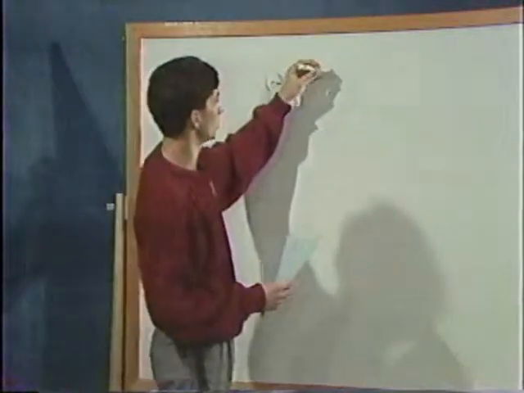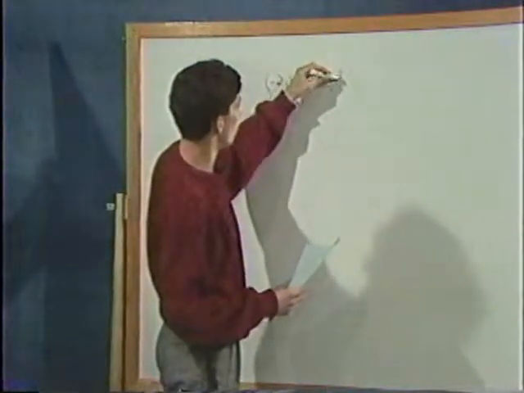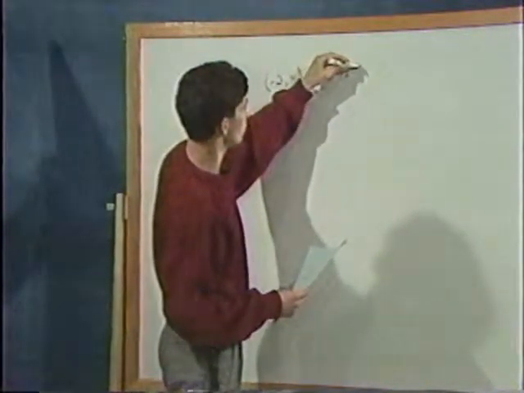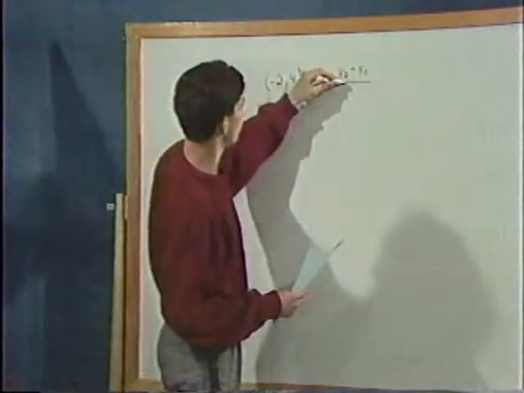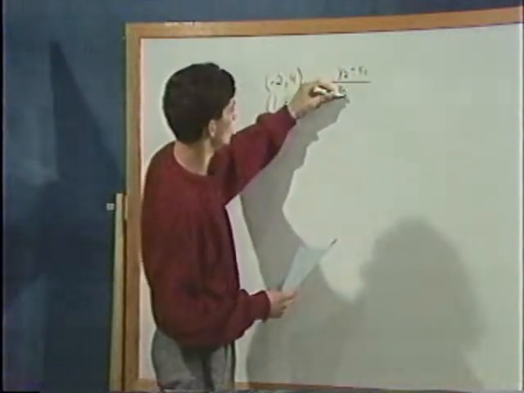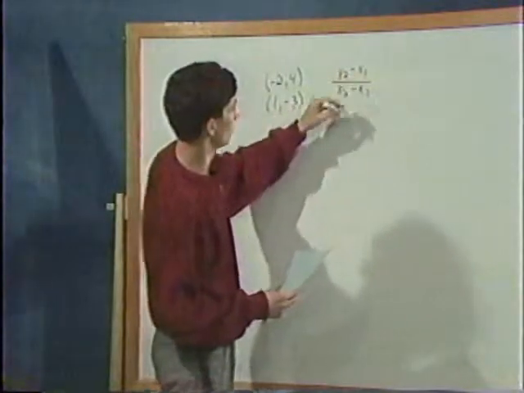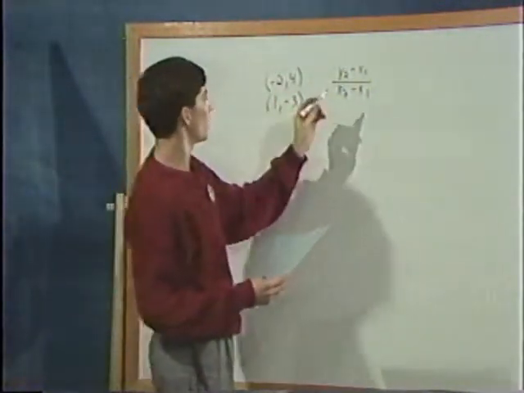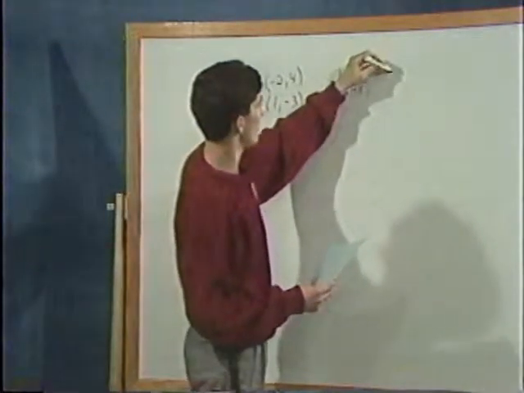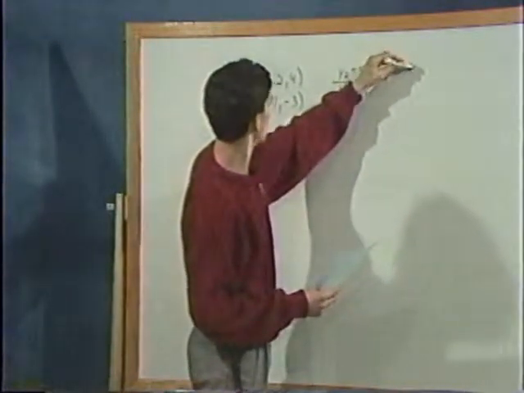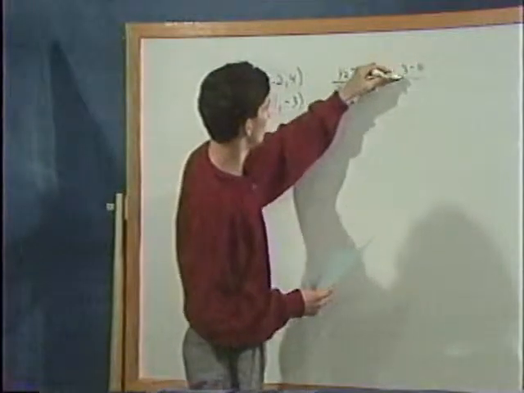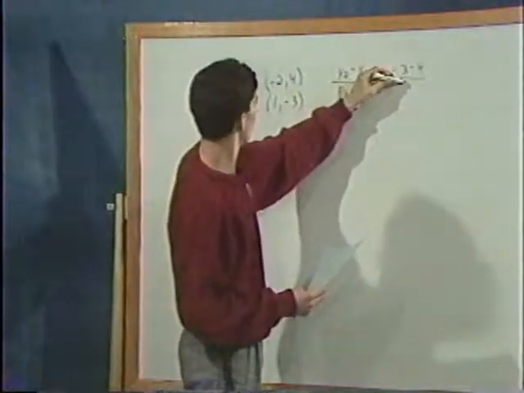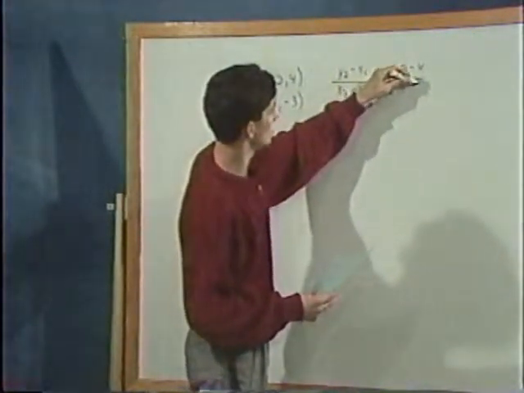To do this, we use the equation y sub 2 minus y sub 1 divided by x sub 2 minus x sub 1. Substituting in this equation our values for y and x, we get negative 3 minus 4 divided by 1 plus 2.